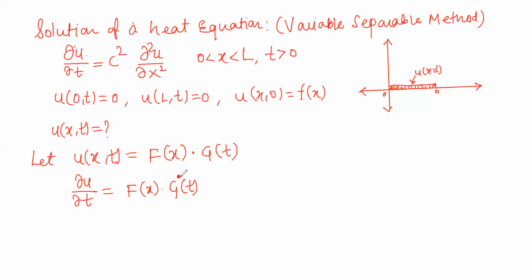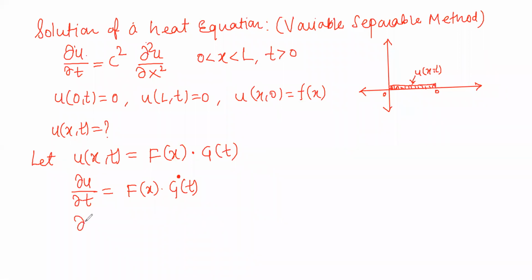This dot simply means partial derivative, but since I have two variables x and t, for x I'll be using this dash, which you have already seen. The dash stands for partial derivative with respect to x, and the dot represents partial derivative with respect to t. That will be our notation, just for convenience; you can even use both dashes, that's perfectly fine.